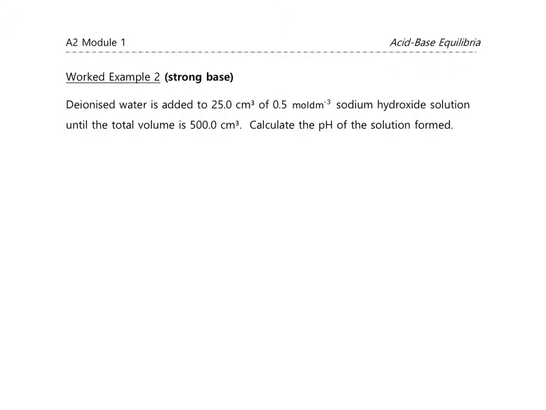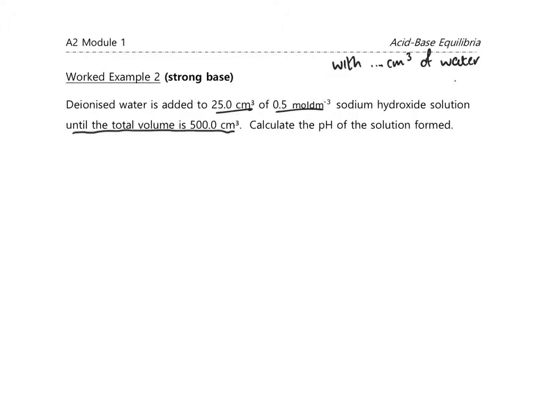Okay, so the next question is looking at how we determine the pH of an alkali after it has been diluted. So this question tells us that we have 0.5 molar sodium hydroxide, 25 centimetres cubed of it, and it's diluted until the total volume is 500 centimetres cubed. And I just want to say at this point to be careful about the language that is used when they're talking about the dilution, because in the last question we were told that the solution was diluted with a certain volume of water.